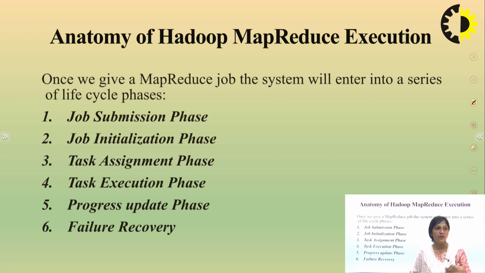First one is job submission phase, second job initialization phase, third task assignment, fourth task execution, fifth progress update phase, and sixth is failure recovery. Once we give a MapReduce job, the system will enter a series of life cycle phases like all of these. We will discuss these phases one by one in the diagram.